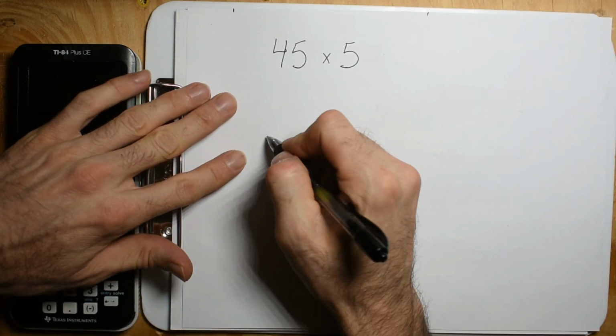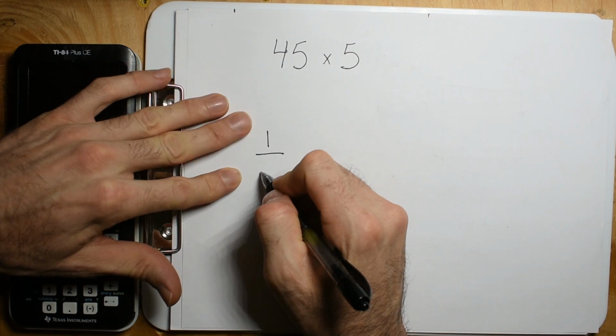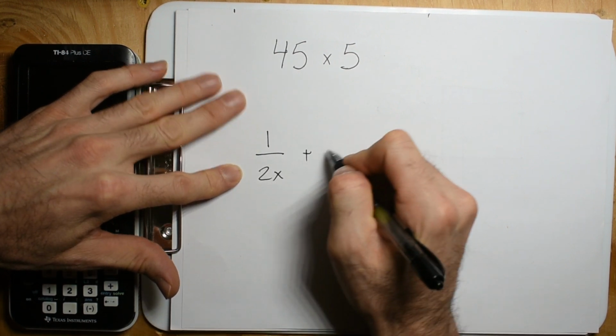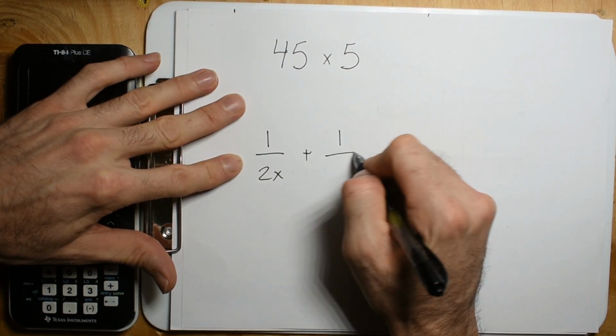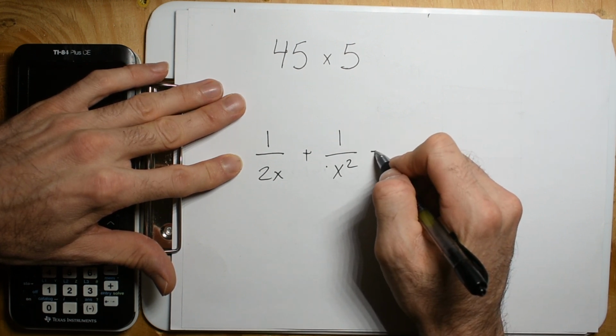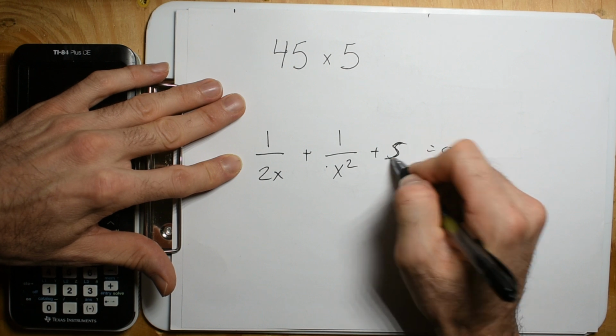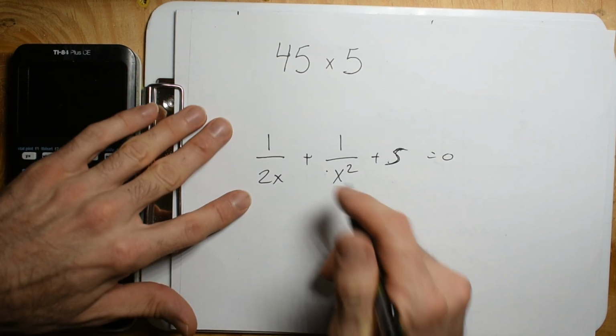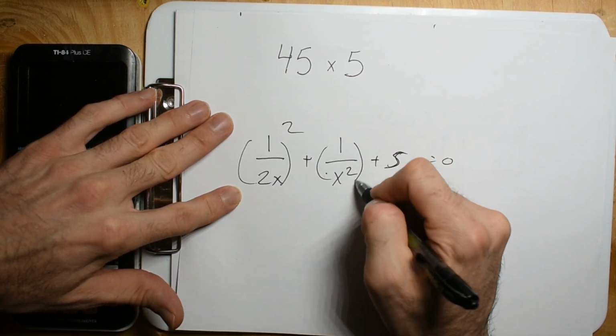One of the videos that I want to make is the fact that if you have 1 over 2x plus 1 over x squared plus 5 is equal to 0, what you can't do is just come in here and square each term.